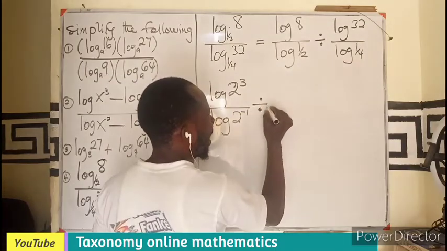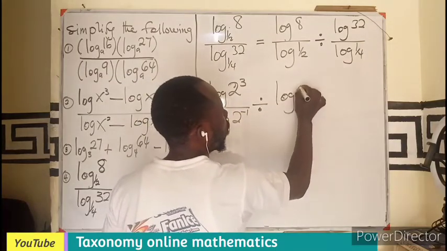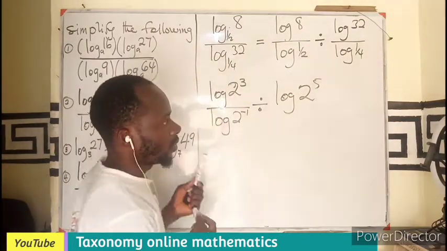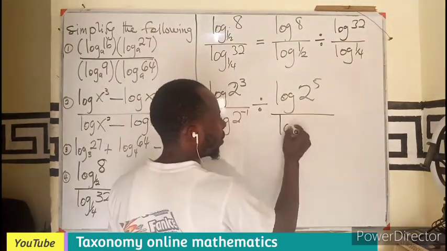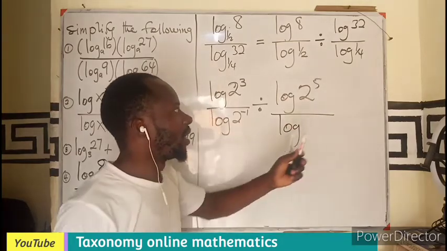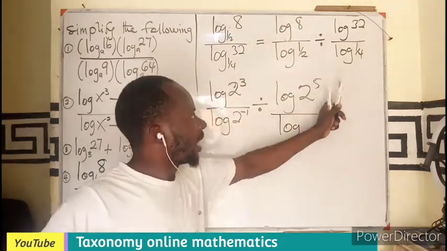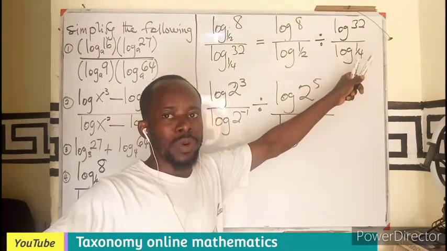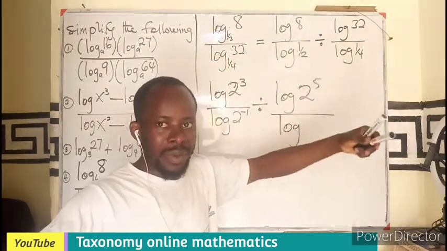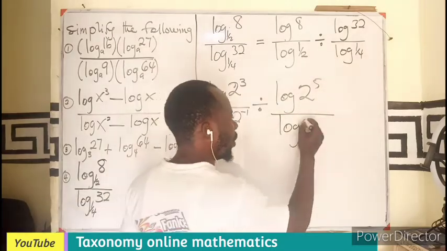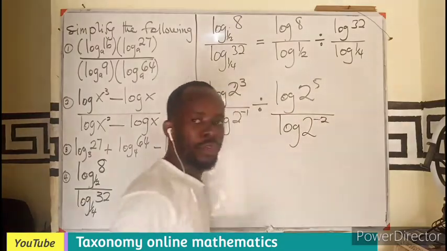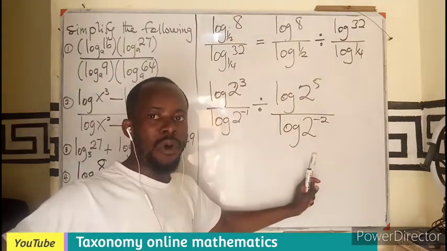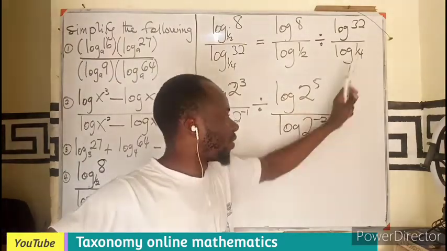Then divided by log 2 exponent 5. Then this will also be, since I'm having base 2 here, 1 over 2 exponent 2. If I turn it to a negative power, that will be 2 exponent what? Minus 2. Don't forget 2 exponent 2 gives you 1 over 4, as in this case.